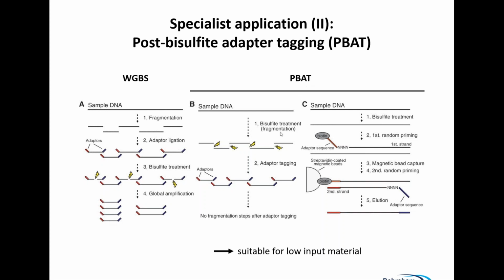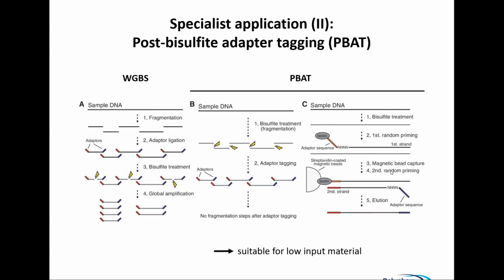And PBAT is very different in that it doesn't have any fragmentation adapter ligation at the start, but it uses bisulfite treatment as the cutting and denaturing agent itself, and then you ligate on adapters to every fragment in the library afterwards and sequence everything.